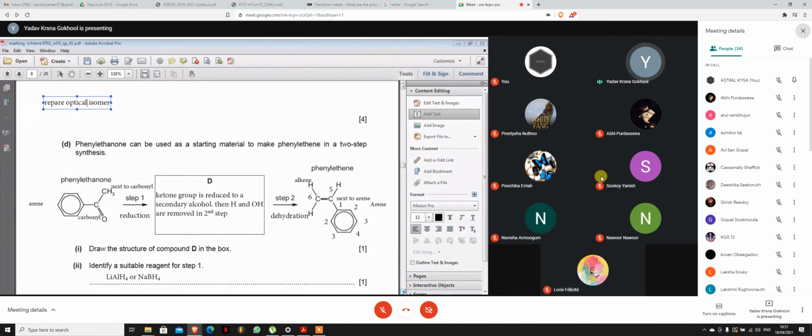So the ketone, I can reduce it to the secondary alcohol and then make the secondary alcohol undergo dehydration to remove H and OH from adjacent carbon atoms.